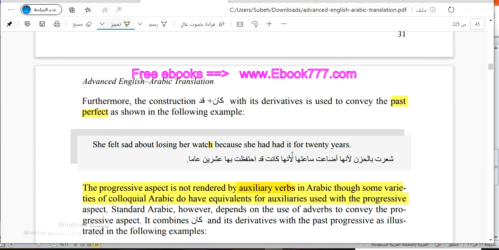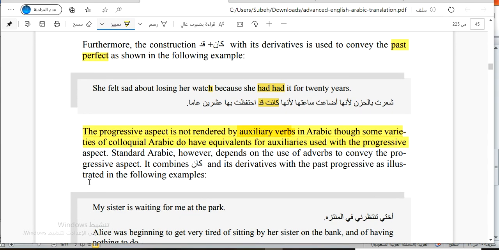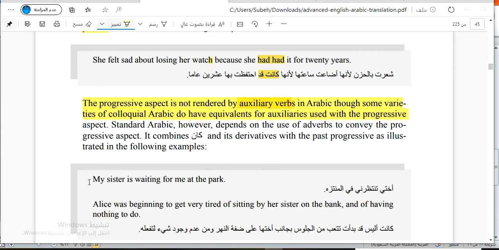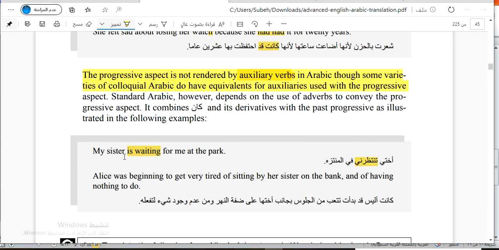So here we translated had to كانت قد, to show that the tense is past perfect. The progressive aspect is not rendered by auxiliary verbs. Again, in Arabic, for example here, is waiting is just translated into تنتظرني. Was beginning into بدأت.